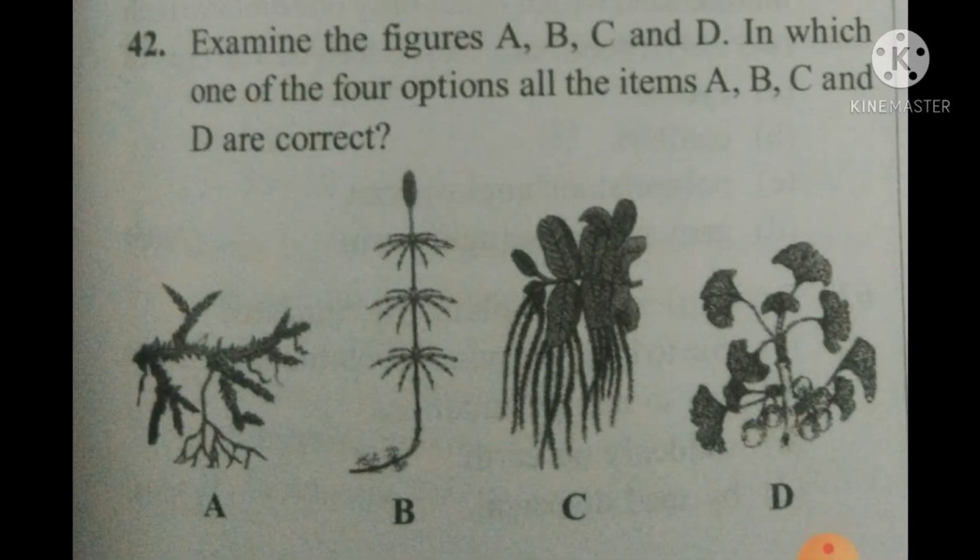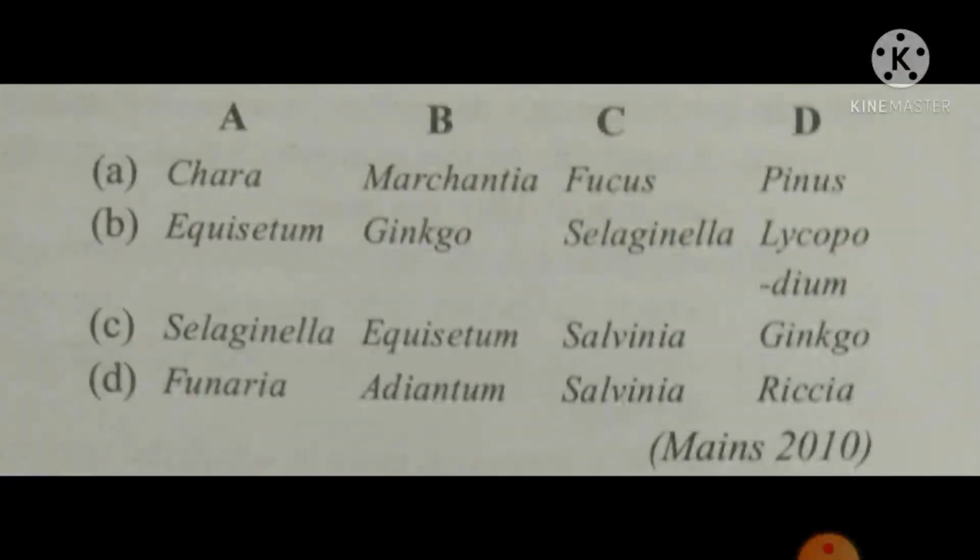Next question. Examine the figures A, B, C and D. In which one of the 4 options, all the items A, B, C and D are correct? So here they have given the pictures. You have to identify their names. So options are A. Chara, Marchantia, Fucus, Pinus. B. Equisetum, Ginkgo, Selaginella, Lycopodium. C. Selaginella, Equisetum, Salvinia, Ginkgo.